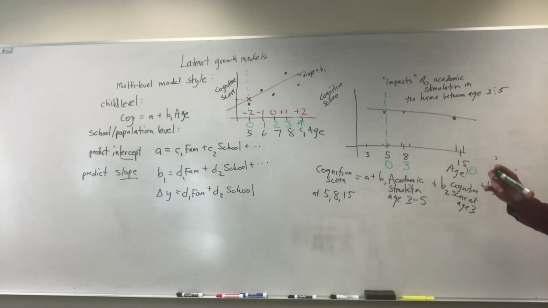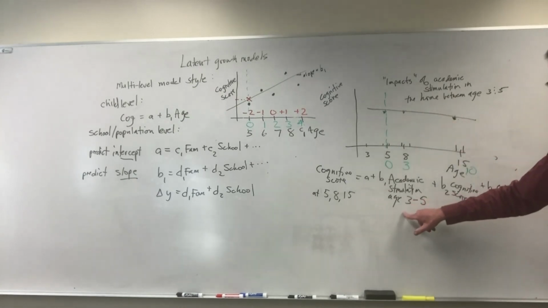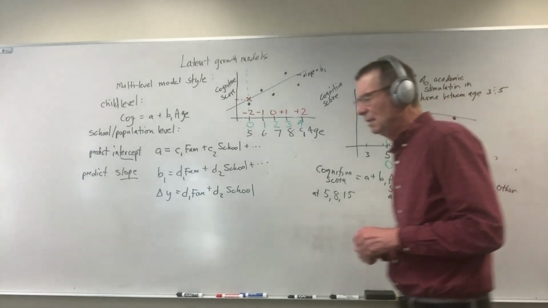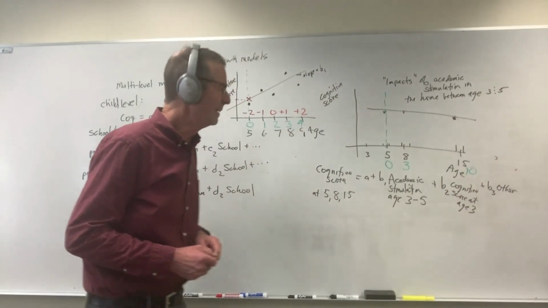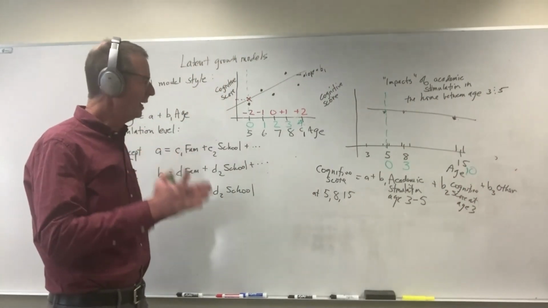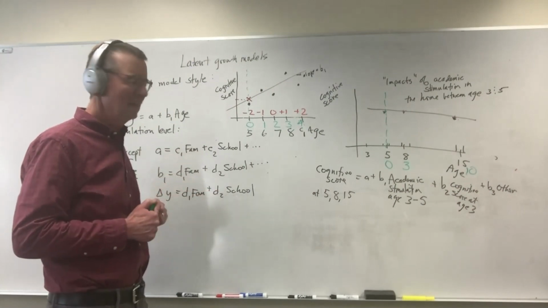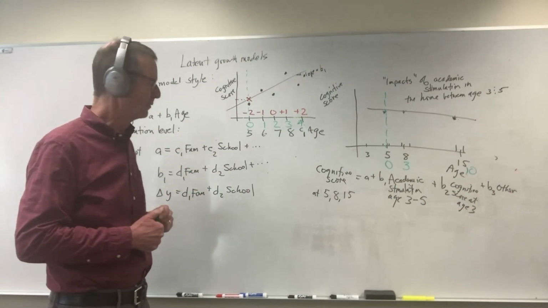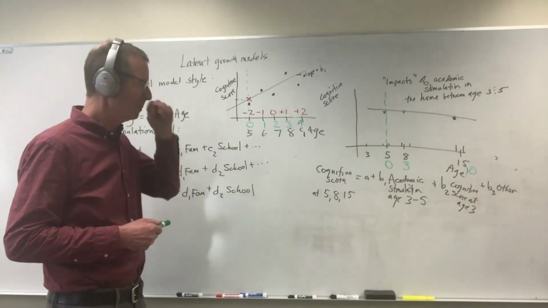When in fact, a zero slope is an absolutely remarkable result, that there's no fade out from preschool academic stimulation. So she was in the situation, if she went ahead and just published that, it's going to be misunderstood because no one really understands what these latent growth models are all about.